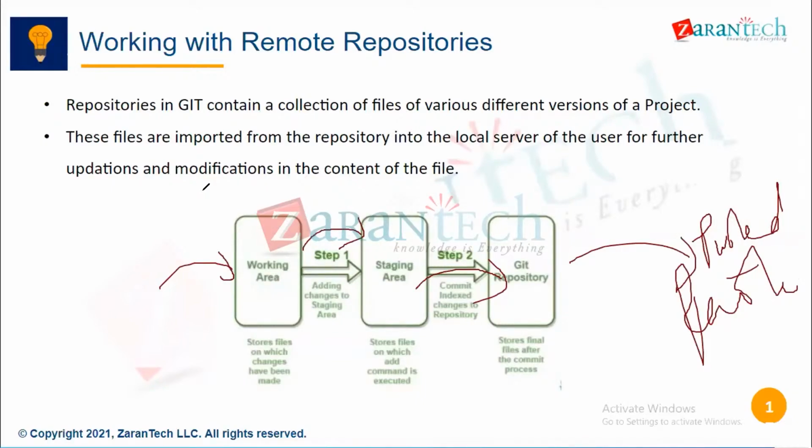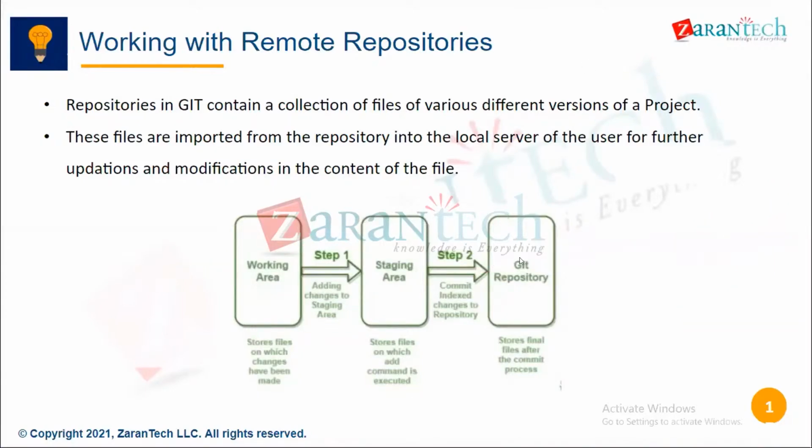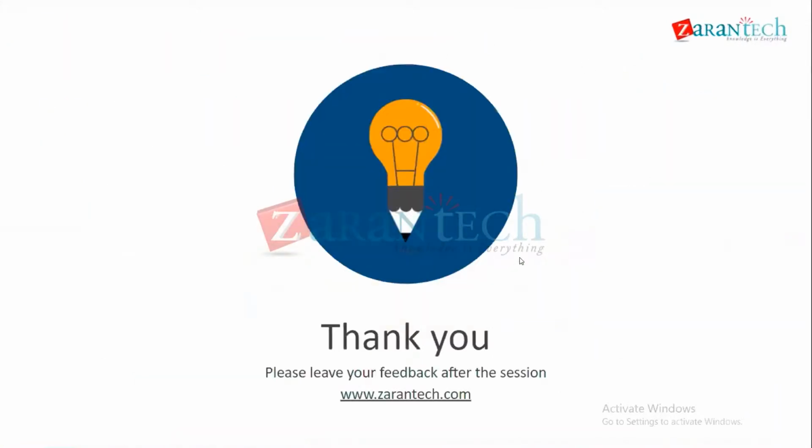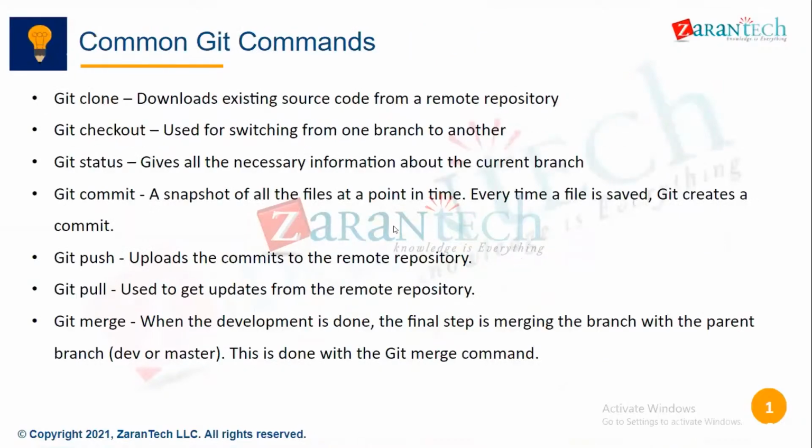And when it comes to the other types of features that you have with Git, we're gonna see them. We have git clone, git checkout, git status. We already know. I'll just underline the things which we already did.